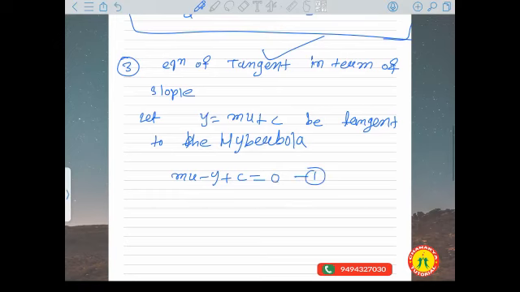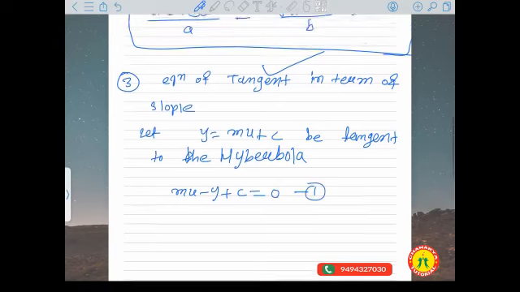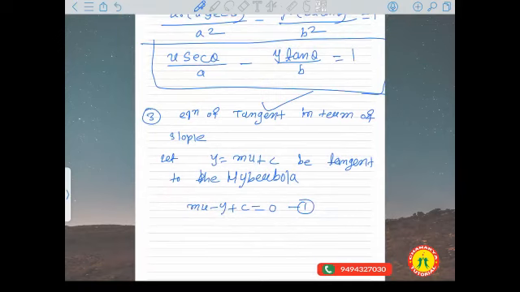Let first equation. So can anyone find the equation of tangent similar like ellipse? How to find? Everyone try to do that, equation of tangent to the hyperbola. Please do that.